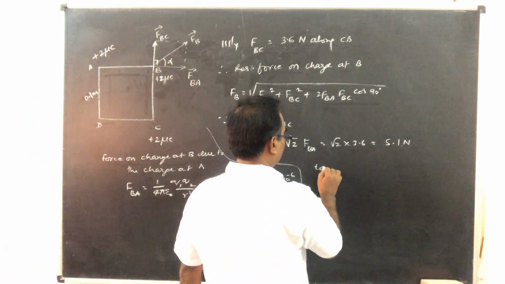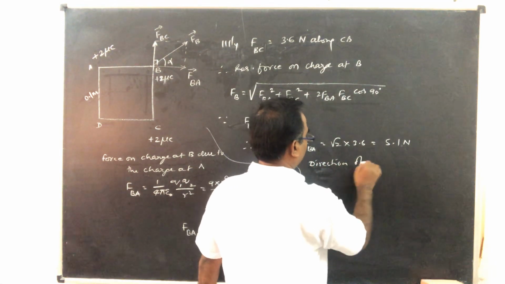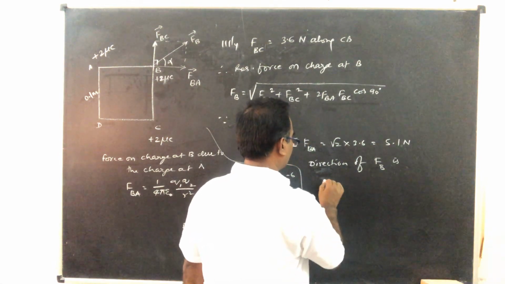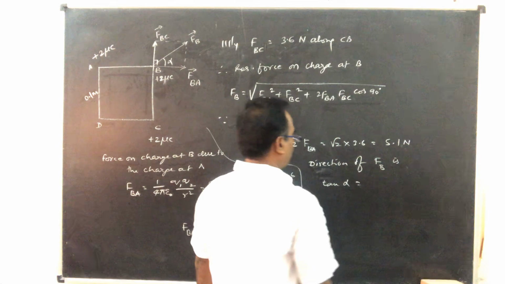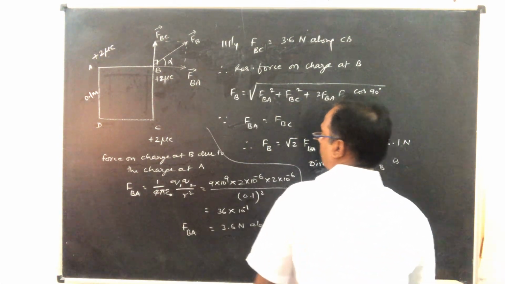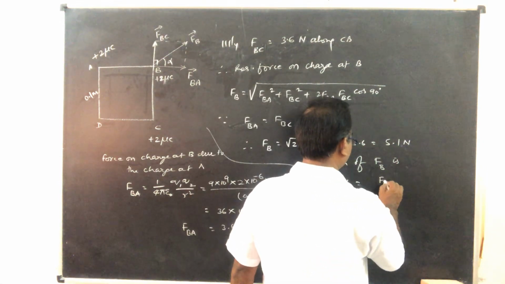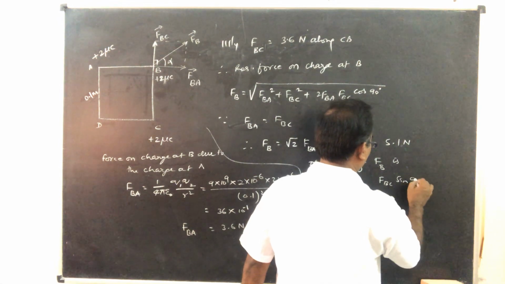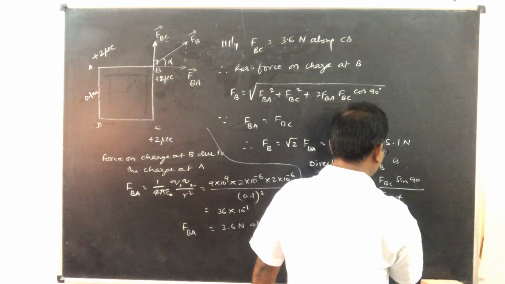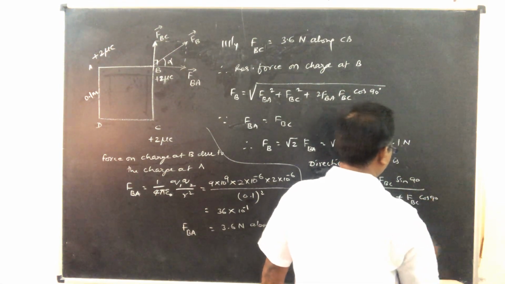So tan alpha, direction of FB. tan alpha is equal to FBC sin 90 divided by FBA plus FBC cos 90.